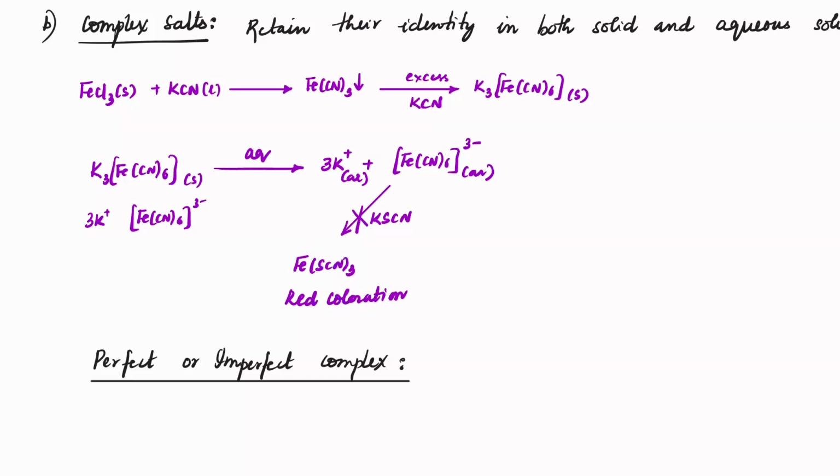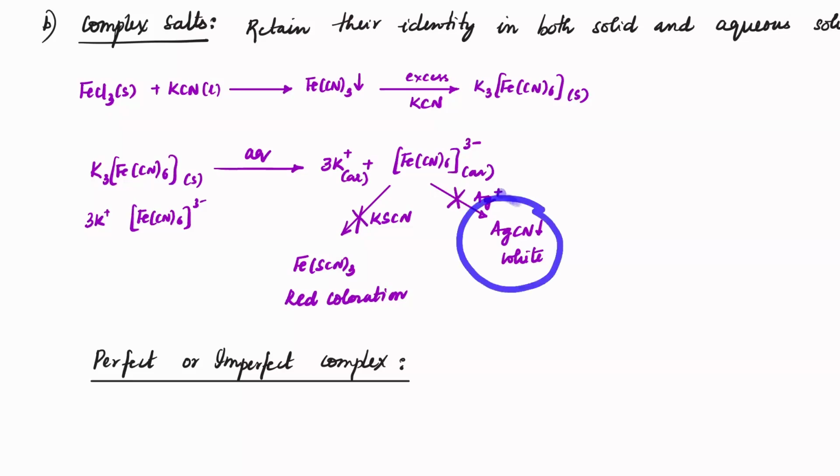Similarly, if you want to check the existence of cyanide, when you react this with silver ions, if it was cyanide, we should get a white precipitate. Got it? So this particular reaction is also negative.